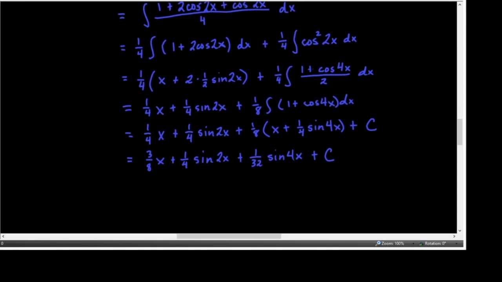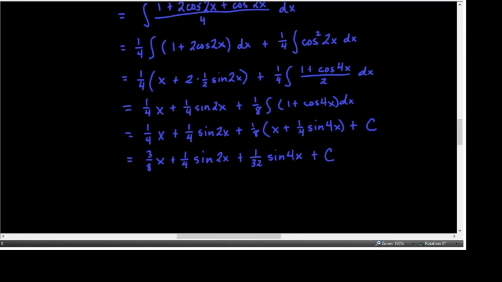Just like that, when the power of the cosine is odd and positive, save one of the cosines, and the rest of it will be part of your du. Convert the remaining factors to sines, then expand and integrate. And so our first example or two was like that.